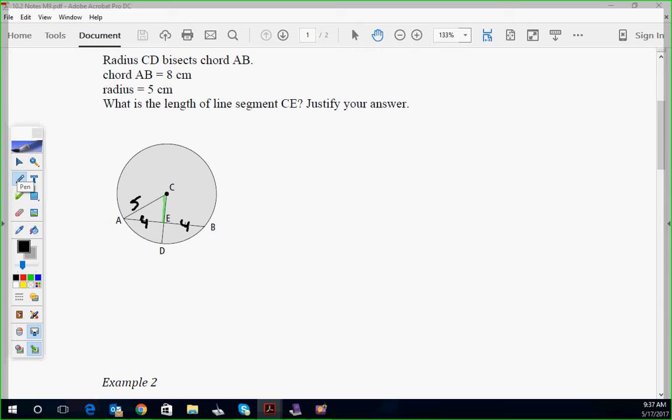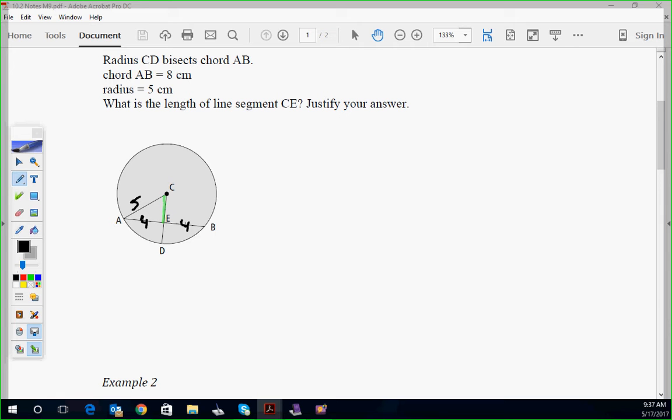Well, the definition is that, so I probably should have put it in our definition a little bit more specifically. It's a little bit my bad there. But if you're going from the center to the outside of the circle and you bisect a chord, it's perpendicular. So they're one and the same. If I said CD is perpendicular to AB, that also means it bisects it.